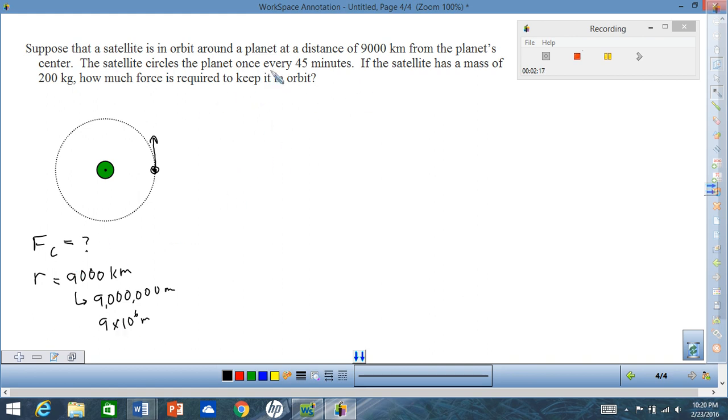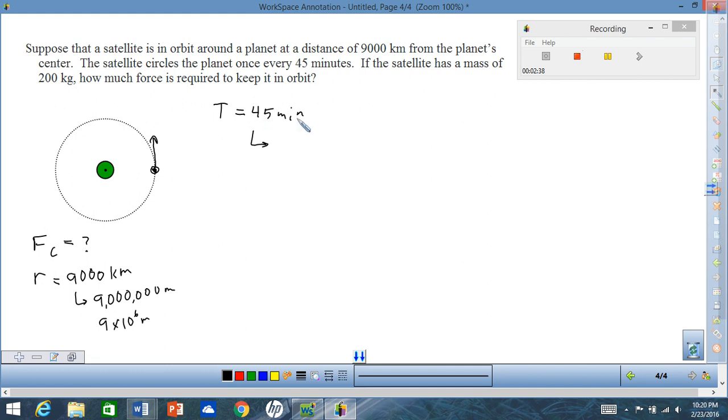Ooh, it orbits every 45 minutes. Now, you say to yourself, okay, that's a time. Well, it's the time for one trip around the planet, or one full cycle. And so that is actually the period, expressed with a capital T, of the satellite. It's 45 minutes. Again, our times need to be expressed in seconds.